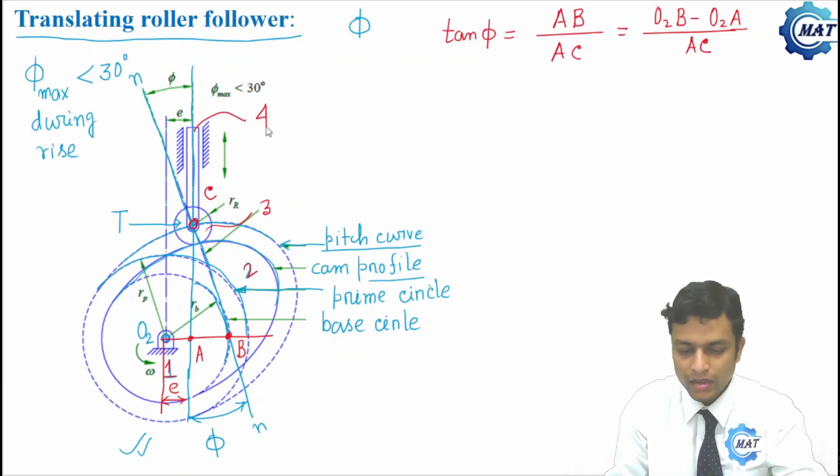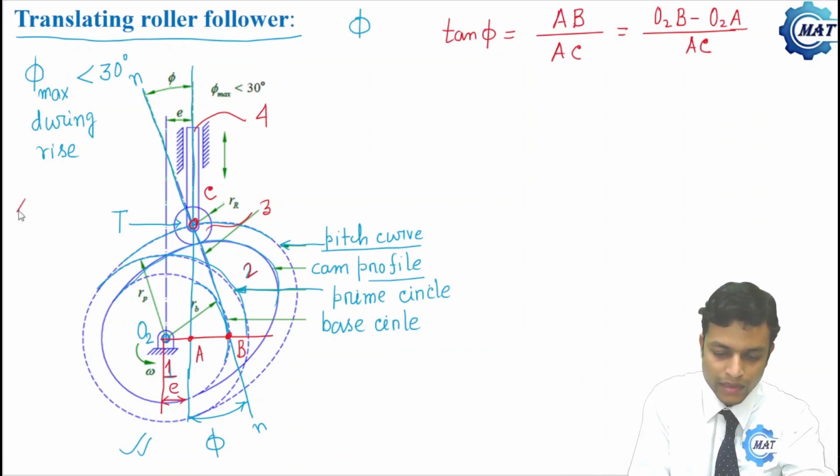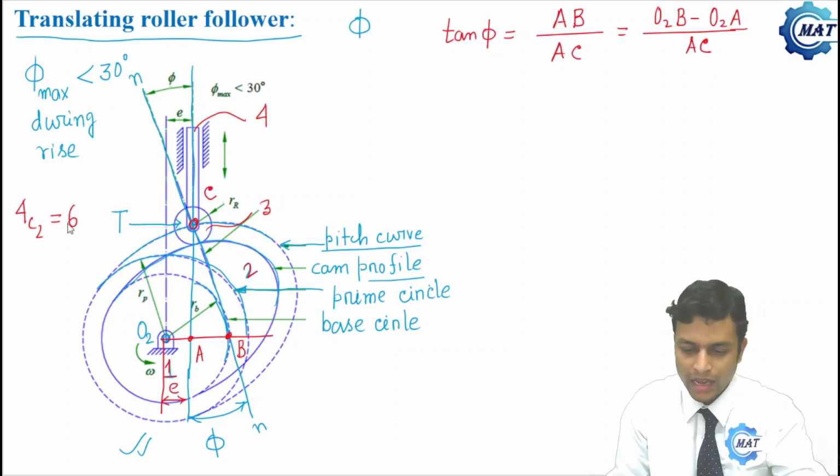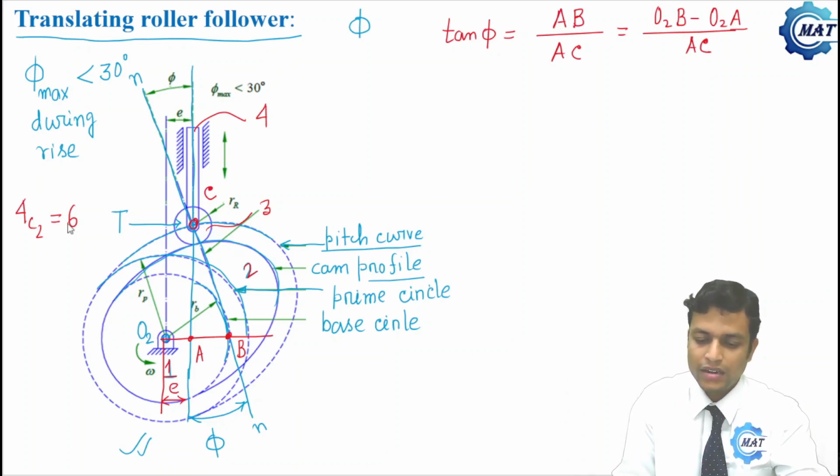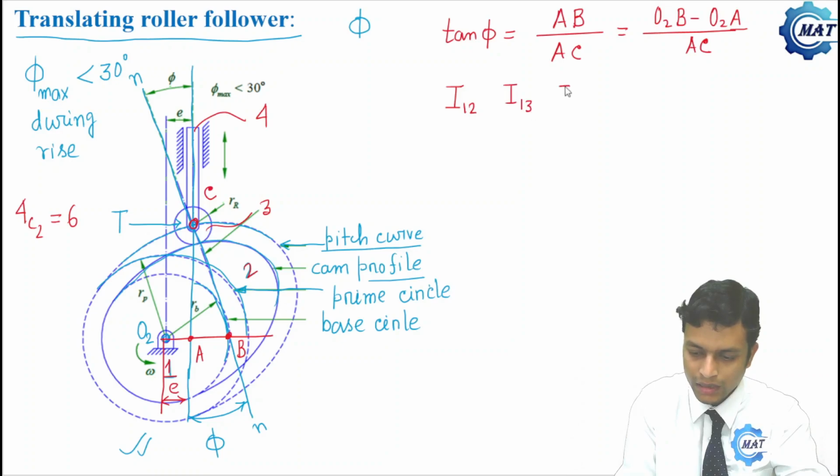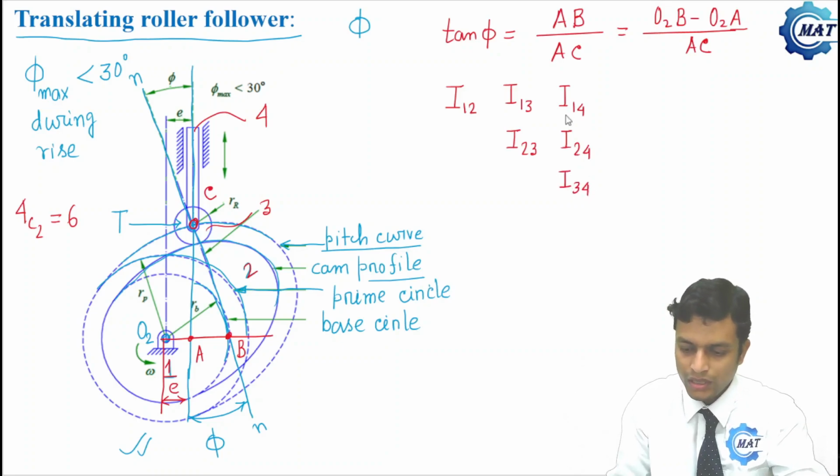How many relative instantaneous centers will there be? That is 4C2, that is 6. And what are the relative ICs? That is I12, I13, I14, I23, I24, and I34. So these 6 are the relative ICs.